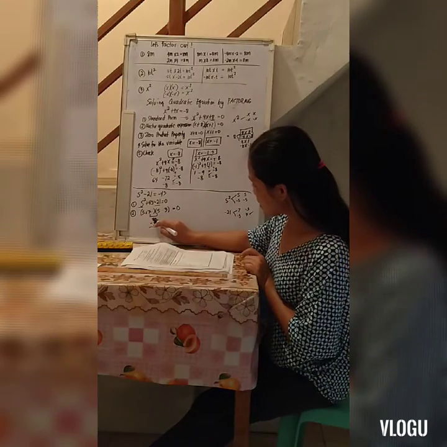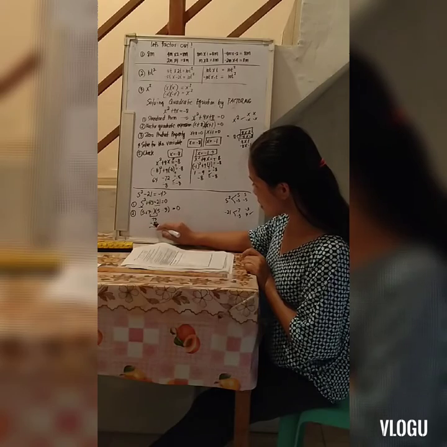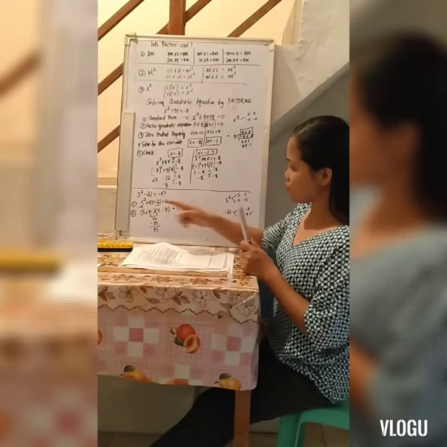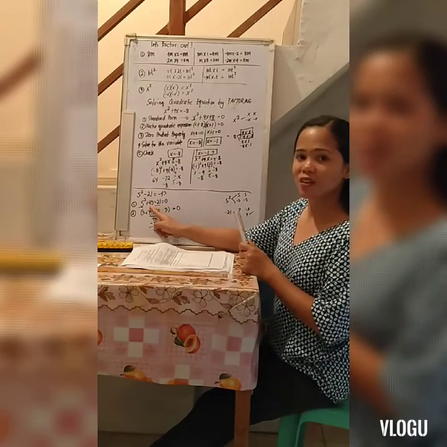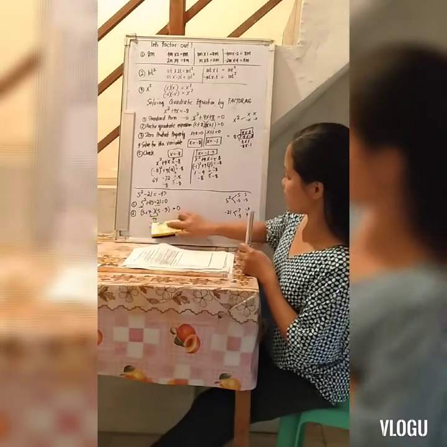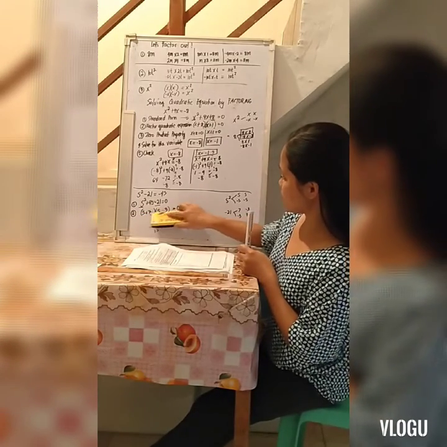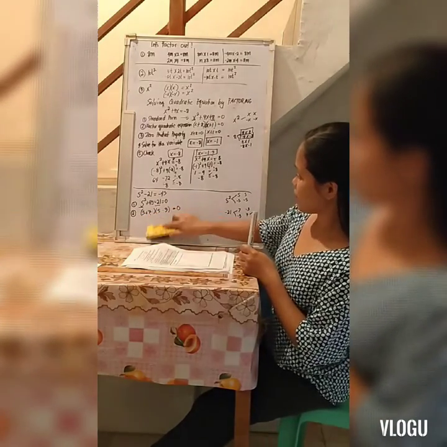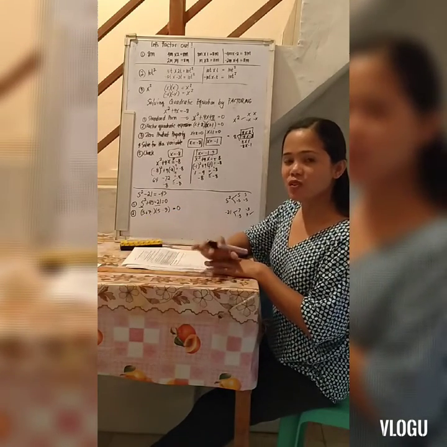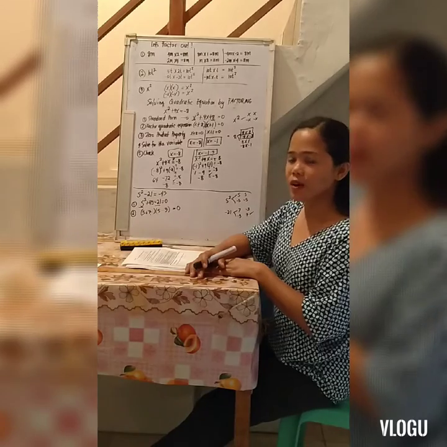Positive 7s and negative 3s will result in 4s. So we got our target, which is 4s. Therefore, these are the right factors. That's a good first try. Don't worry, as you practice, it will be easier for you to identify the right factors.